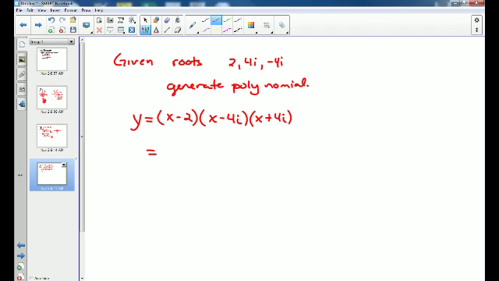So I'm going to do these two first. First times first. Outers, inners.